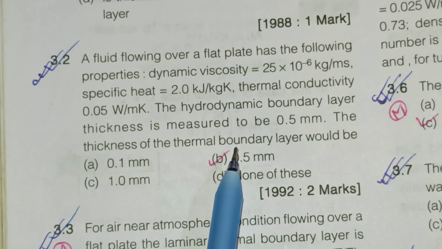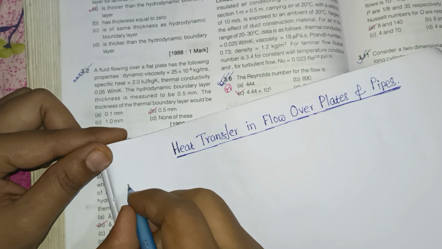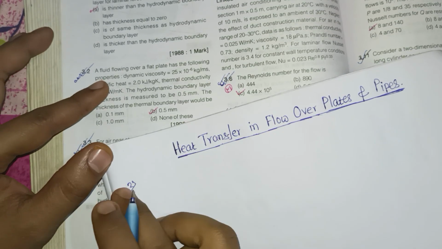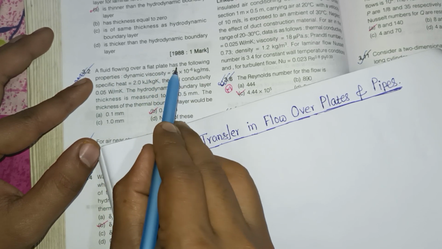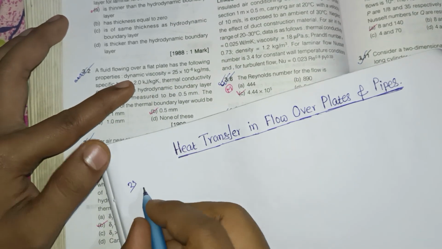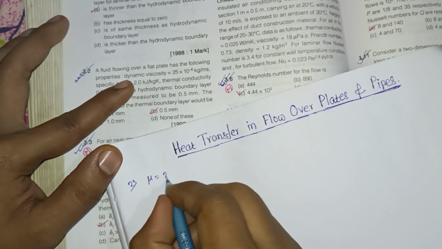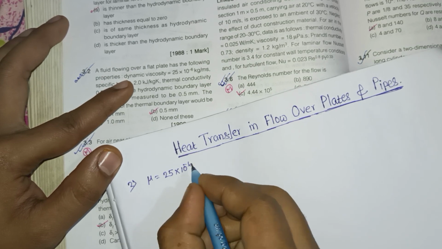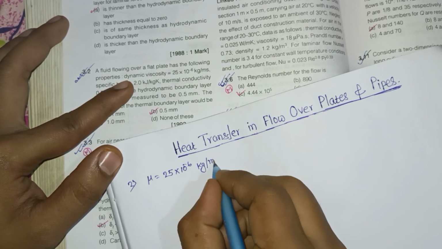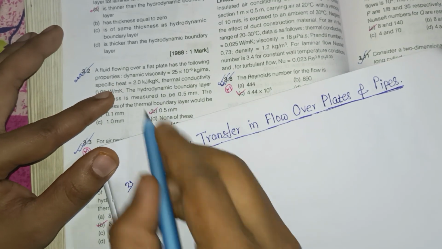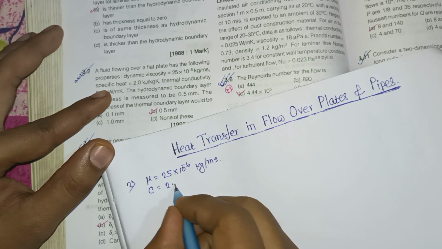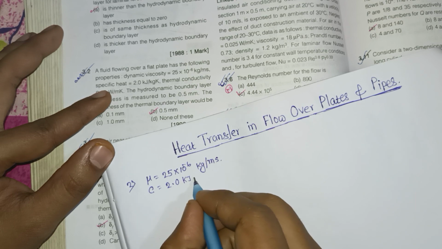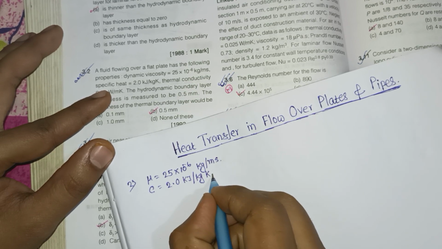So let's start with what is given in this question. Question number 2. A fluid flowing over a flat plate has the following properties: dynamic viscosity mu equal to 25 into 10 to the power minus 6 kg per meter second. Specific heat C equal to 2.0 kilojoule per kg Kelvin.